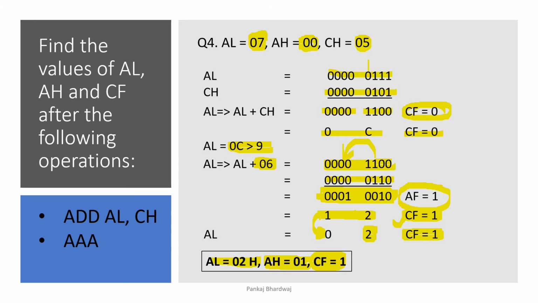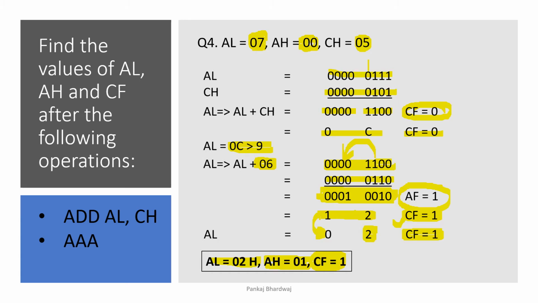Now what is basically the carry in this particular case? When we add two BCD numbers, or two decimal numbers from 0 to 9, in this case 7 plus 5, what we get is 12. That means the result is greater than 9, and when the result is greater than 9, it has to be stored in two different registers.